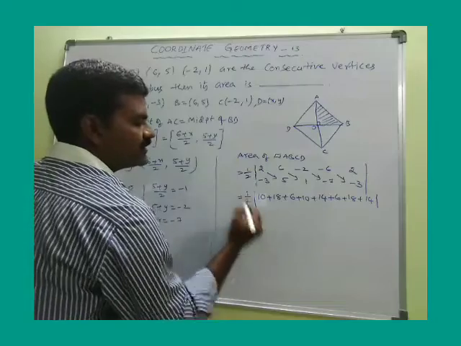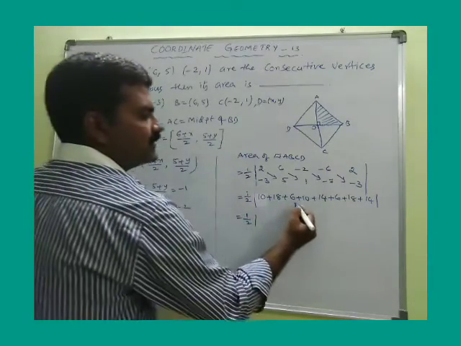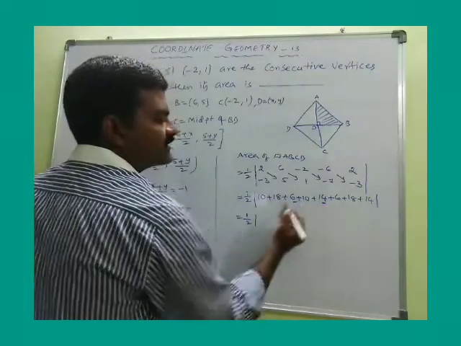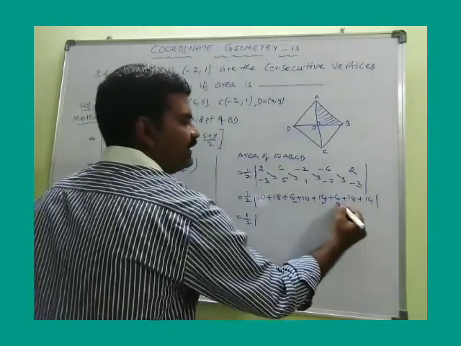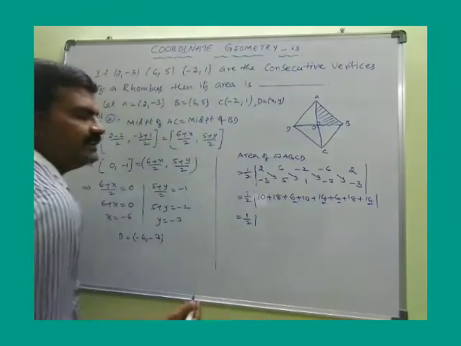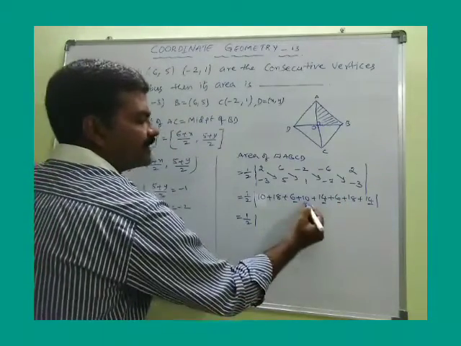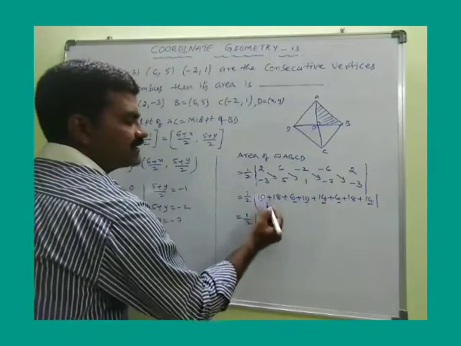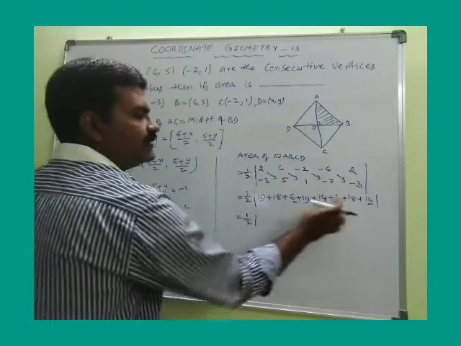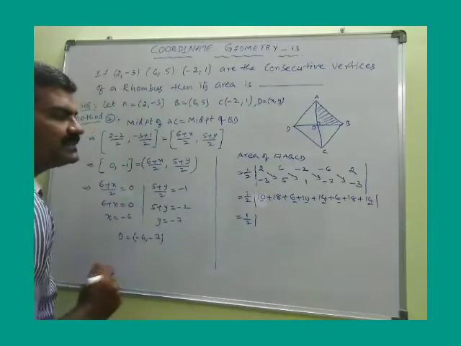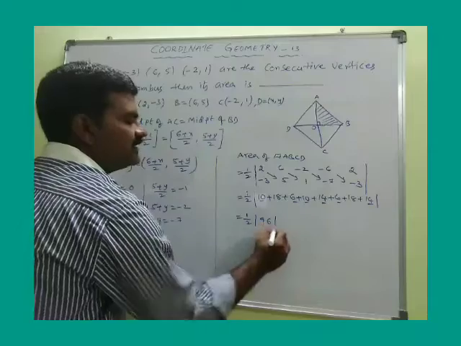So half modulus of, first of all let us see, 14 plus 6, 20, again 14 plus 6, 20. So 20 plus 20, 40, plus 10, 50, plus 10, 60, plus 18 plus 18, 36. 60 plus 36, which is 96.